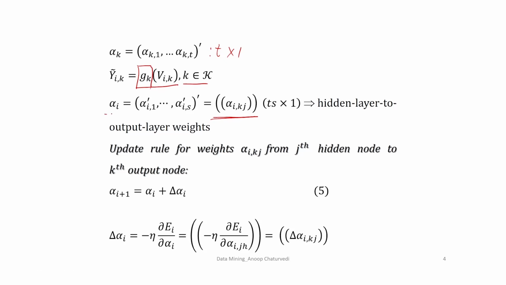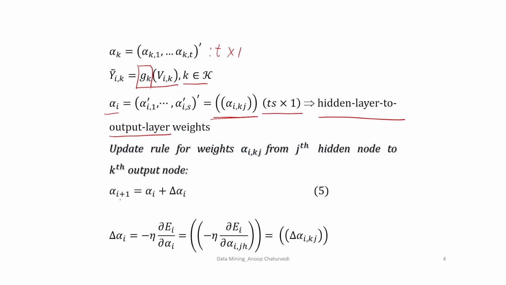So, ultimately alpha_i is a TS cross 1 vector, and as I mentioned earlier, alpha_i holds the weights from the hidden layer to the output layer. Then we consider the update rule for the weights alpha_ikj from the jth hidden node to the kth output node.